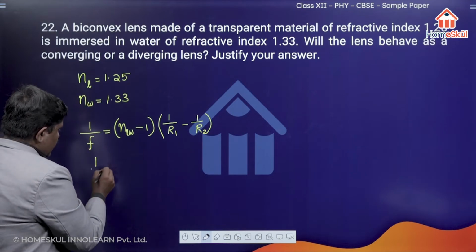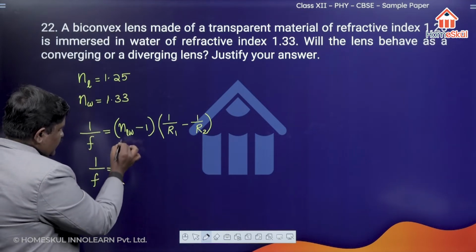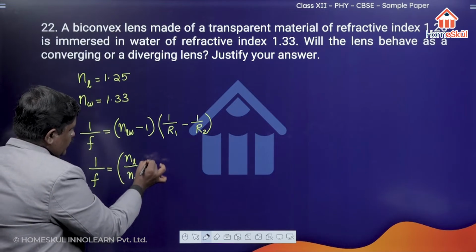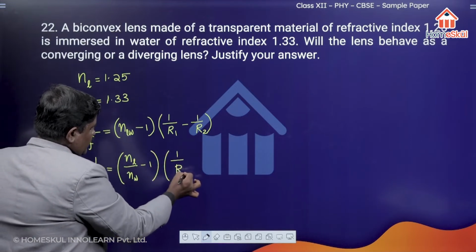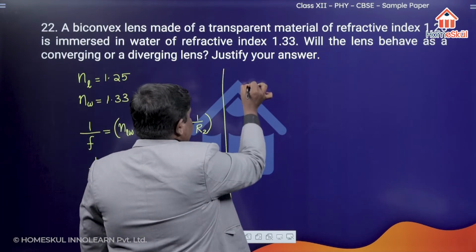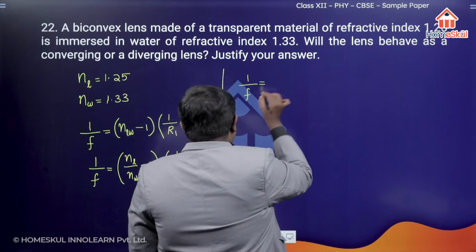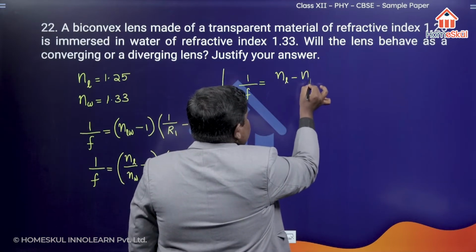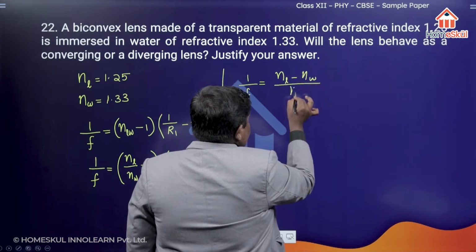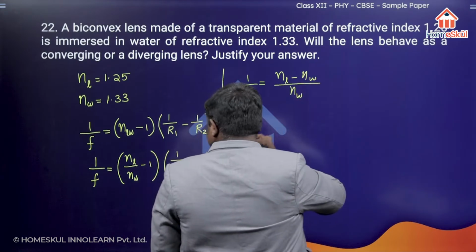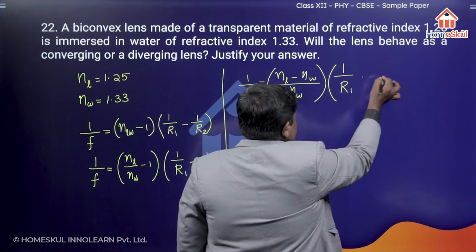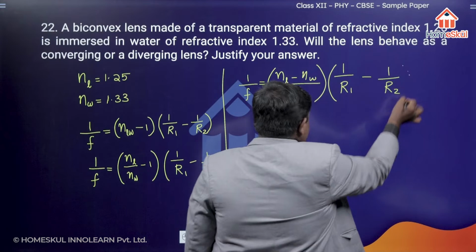That is 1 by f is equal to (NL by NW minus 1) into (1 by R1 minus 1 by R2), or 1 by f is equal to ((NL minus NW) by NW) into (1 by R1 minus 1 by R2).